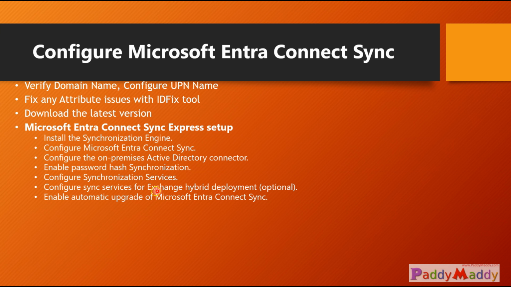And also, if you want, you could deploy Exchange hybrid deployment so that you could sync multiple configurations related to additional attributes. We would do that once we have followed this Express Edition setup, when we would reconfigure in order to enable Exchange hybrid deployment so that you could deploy your group writeback options.